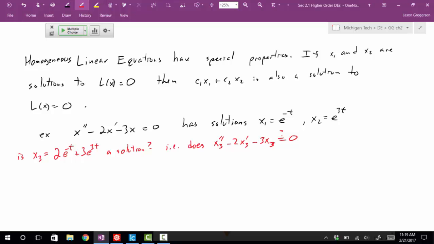Take those derivatives. Actually write them out. Practice to go through the mechanics.